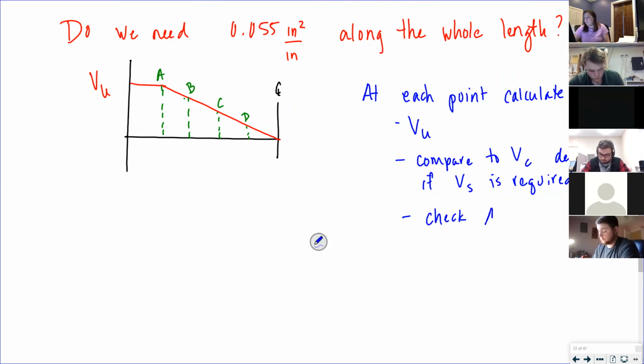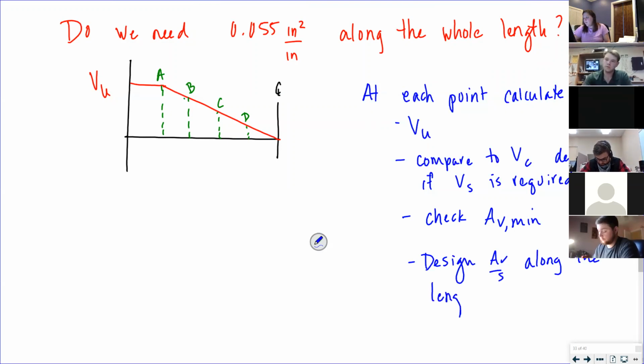Also check Av min, because at some point you don't even need the minimum. And you can design Av over s along the length, where since your shear needs decrease, you're going to be able to space out your shear reinforcement more as you get towards the center.